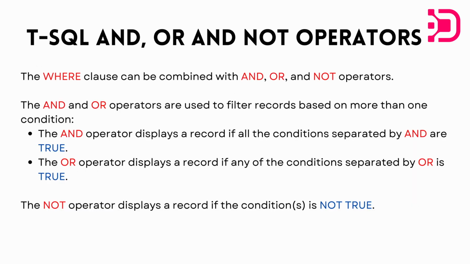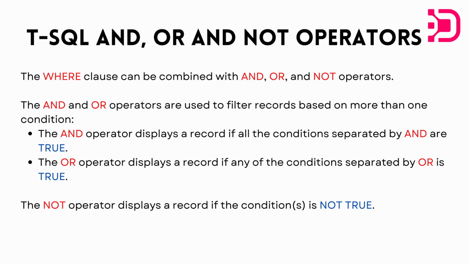So as the name suggests, using the AND, OR operators, you can filter records based on more than one condition. The AND operator displays a record if all the conditions separated by the AND keyword are true. That means if all the conditions specified and separated by the AND keyword are met, then that bit of data is returned.